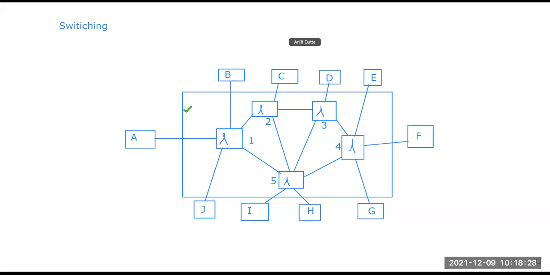This switching technique is divided further into three methods. What are the three methods? First one is termed circuit switching.